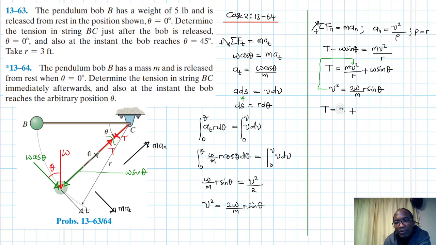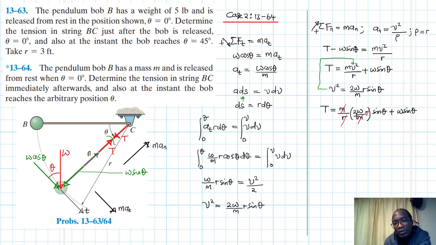So we have m, and then later on divided by r. Then we have this v squared, which is just 2W divided by m r sine θ, then plus W sine θ, right? So we can cancel out r there, and r, and m and m.